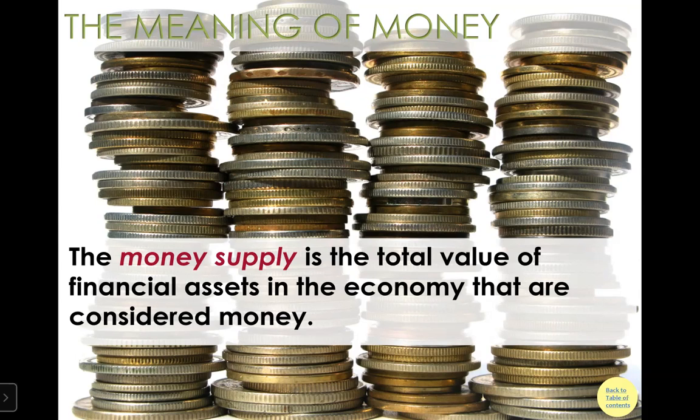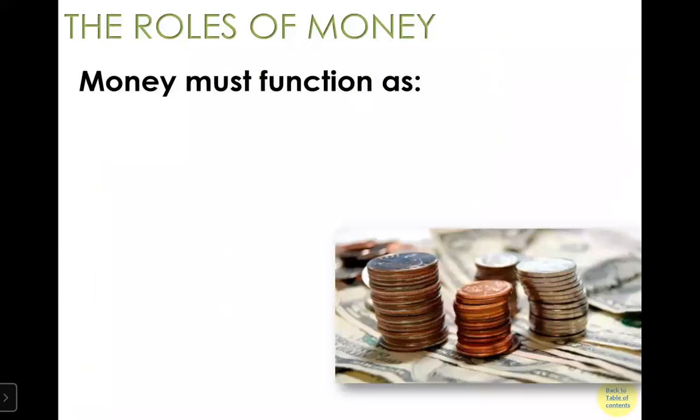Secondly, it can easily be used. Third, we use money to purchase goods and services. That's the purpose, right? And then the money supply is just the total value of those financial assets, which can be easily used to purchase goods and services. So this is the money supply.